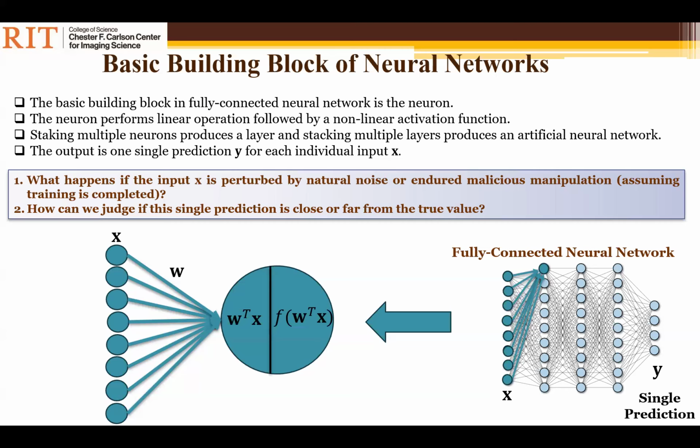What's going to happen to the output? Or how can we figure out what information the network is going to provide us about this perturbation happening at the input? Or how can we judge if the single output that the neural network is providing is robust enough and trustable enough that we can use it in a real-world application?